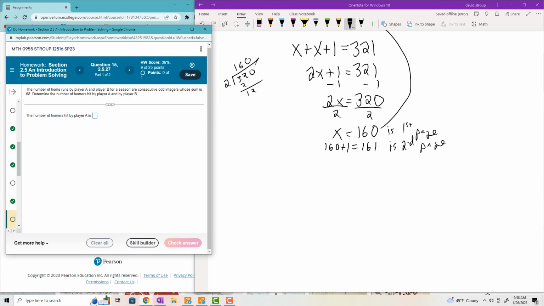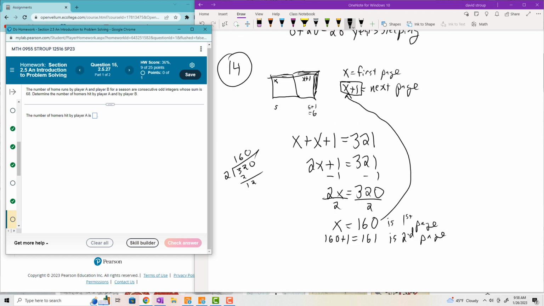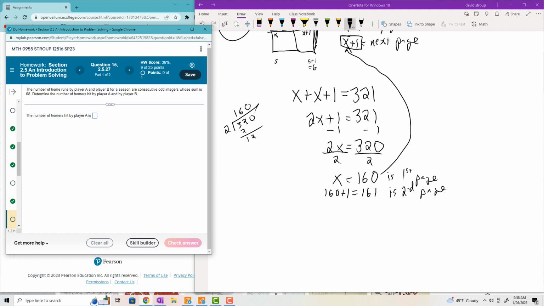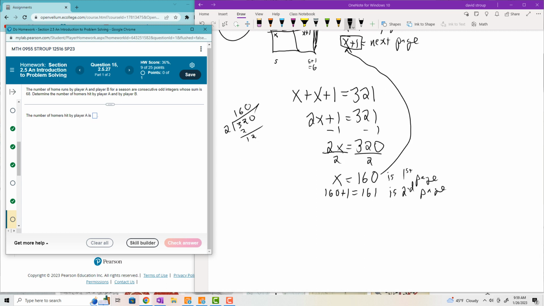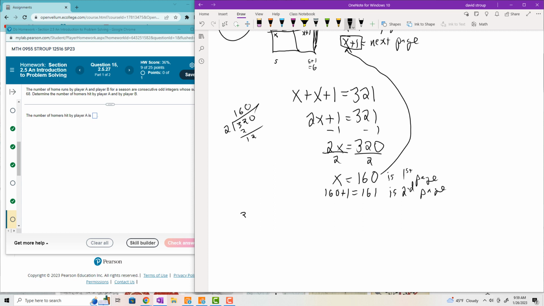For problem 15, we kind of take it up a notch. This says the number of home runs by player A and player B for a season are consecutive odd integers whose sum is 68. When you say they're odd integers, you're thinking of numbers like 3, 5, 7, 9, 11.